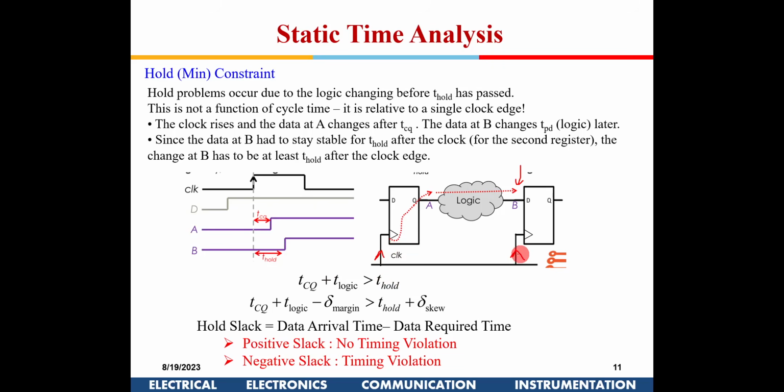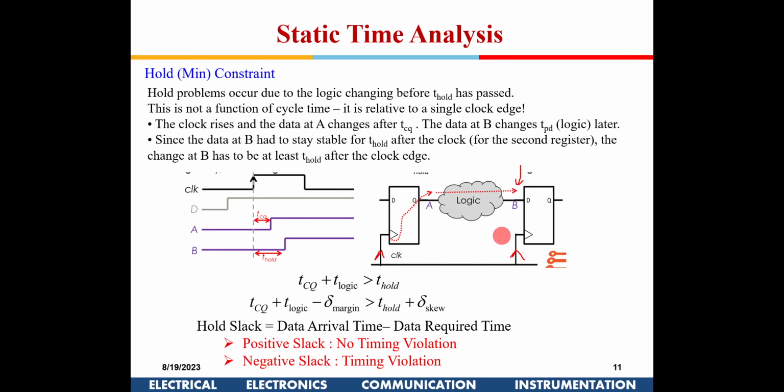I am giving the same clock edge here. So this delay from here to here and this delay should be greater than T hold. That means this data should not change till the hold time requirement of the second flop is over, till that hold time expires. So this has nothing to do with the clock.